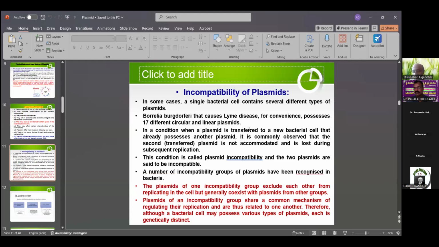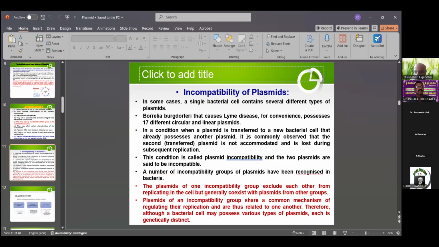This is the condition when a plasmid is transferred to a new bacterial cell that already possesses other plasmids. Based on the qualities of the plasmids, it can transfer to other bacteria.